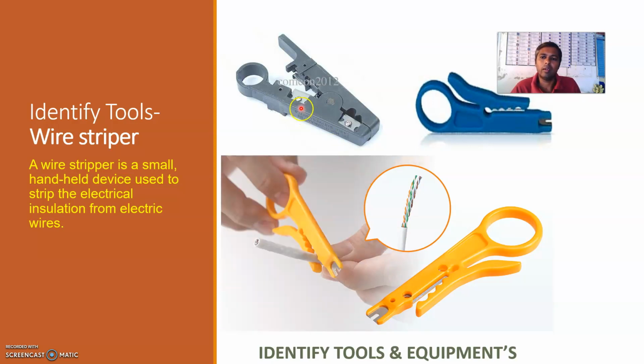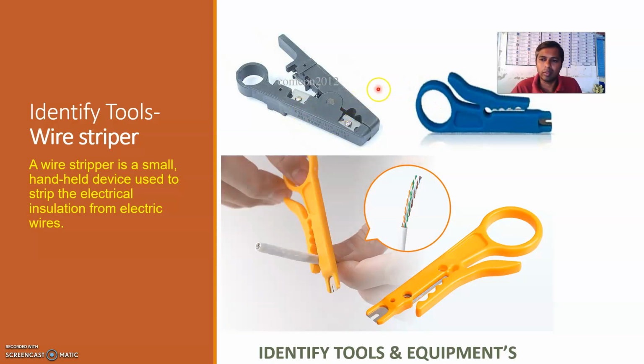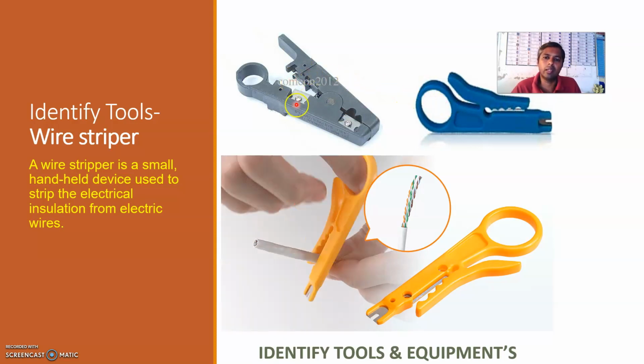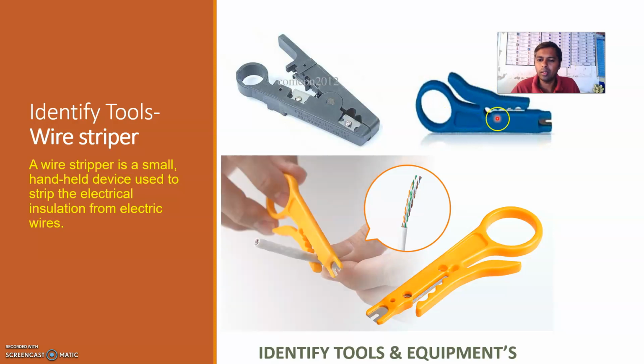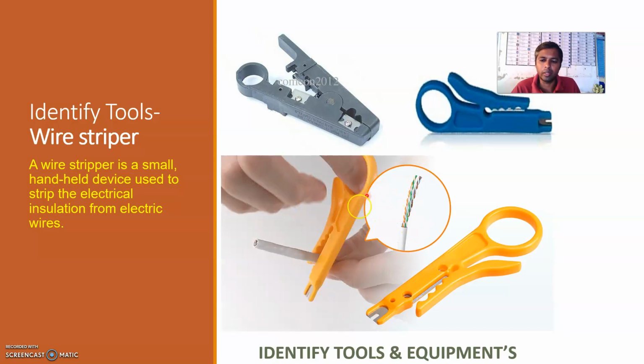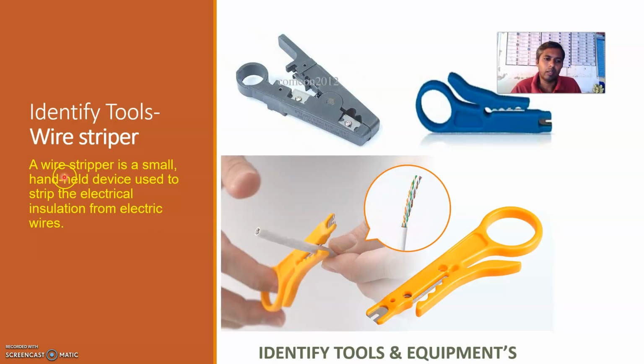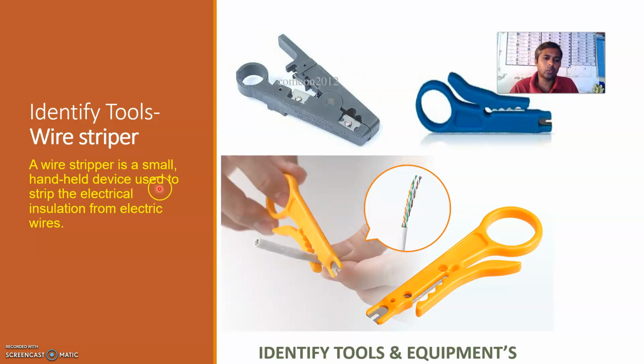There are different types of tool in the market. This is one tool. This is another tool. We want only one tool to remove the outside material of our cable. A wire stripper is a small handheld device used to strip the electrical insulation from electrical wire.